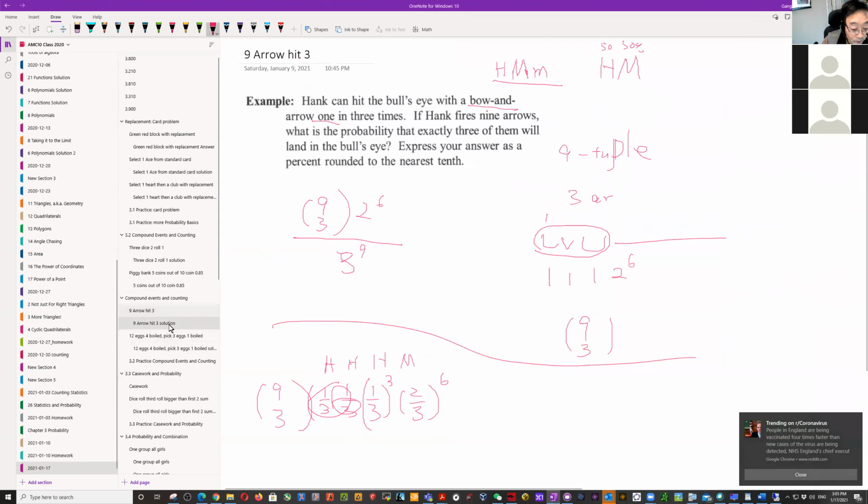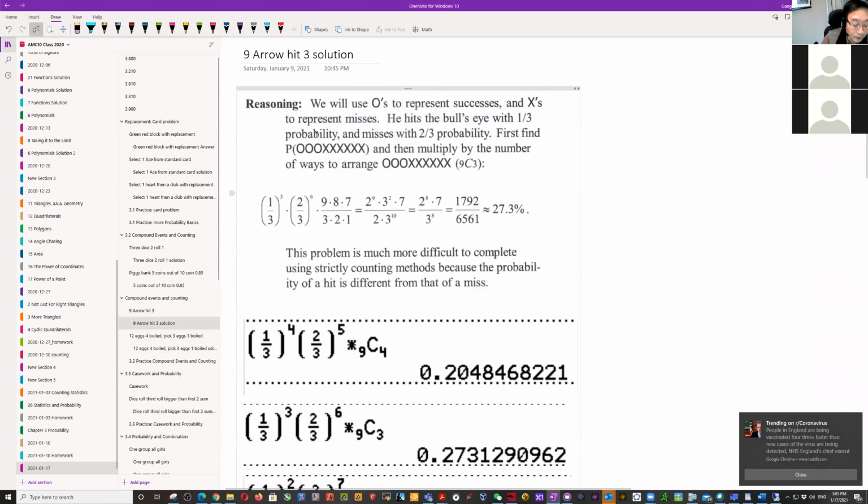This is some extension of this topic, because it's a very interesting thing to really think about. You have a 1/3 chance to hit a single arrow, and when you shoot any arrow, it could be either a hit or a miss.